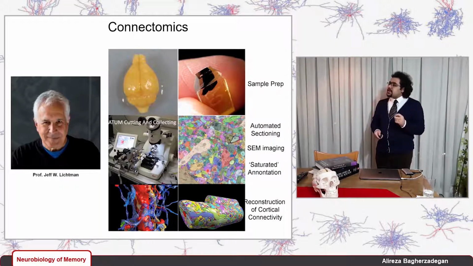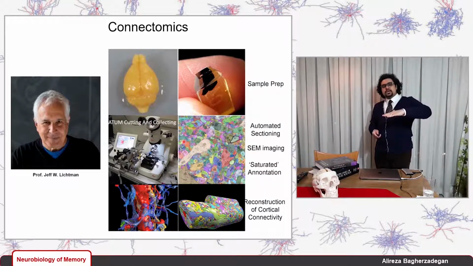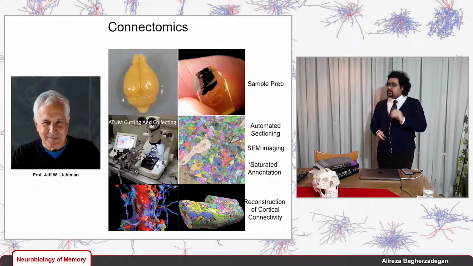After that, they stack those annotated sections on top of each other, and they try to follow those structures with the same color through the frames, or through the sections. Of course, they do that by computer software.